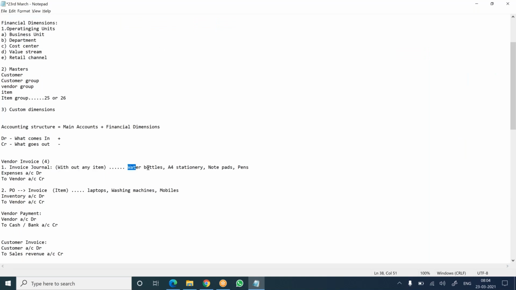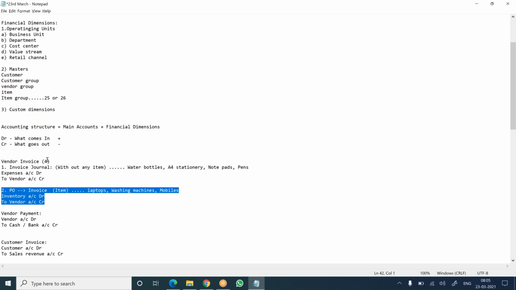I'm purchasing water bottles, A4 stationery, notepads. This is not a trading item, meaning I'm not selling these items. I'm consuming them for my employees. Then this is without any item, and for that you use this function. If you are purchasing a trading item, meaning I'm purchasing and selling it, then it is a different scenario.